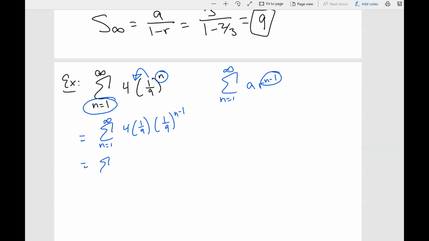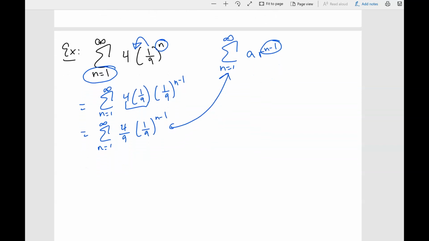So then I have the sum from n goes from 1 to infinity. This guy is going to give me 4/9, and then (1/9)^(n-1). Okay, so that will make it in the correct form that you want. And all we got to do now is just take the sum, because we know that the value of r is going to be 1/9, which clearly is less than 1.